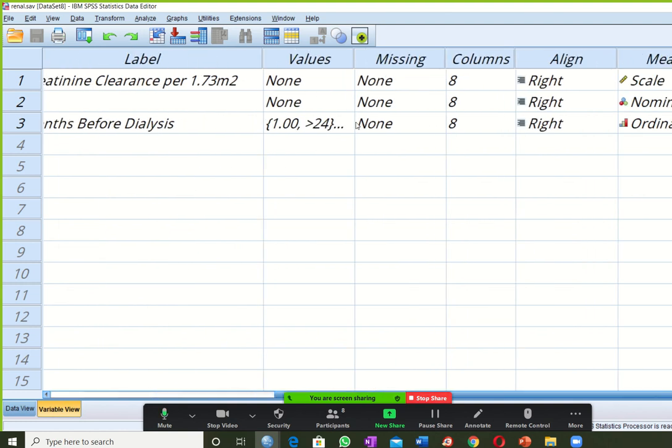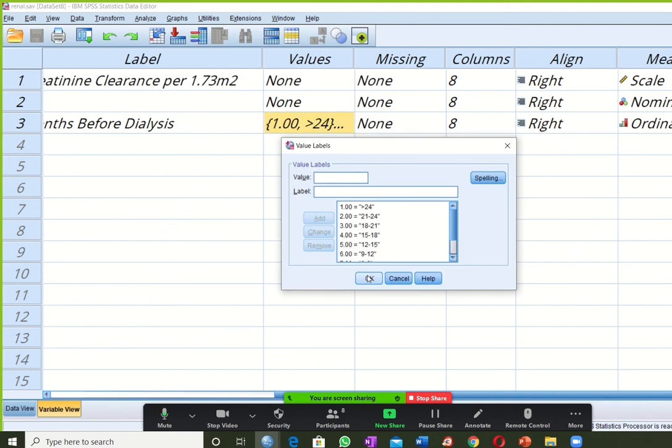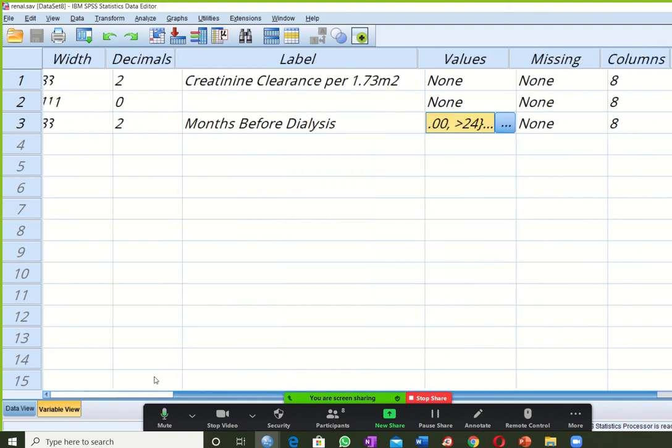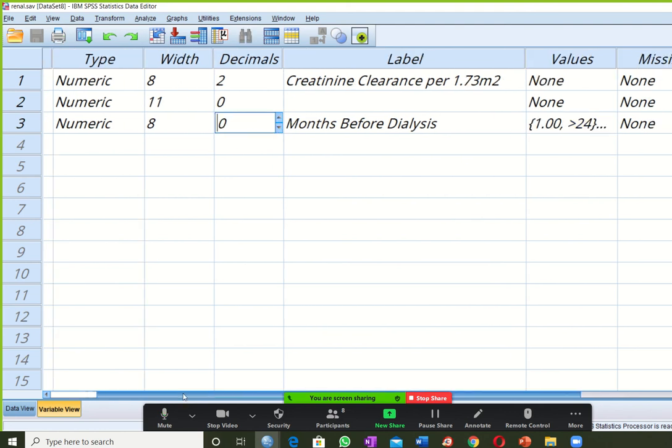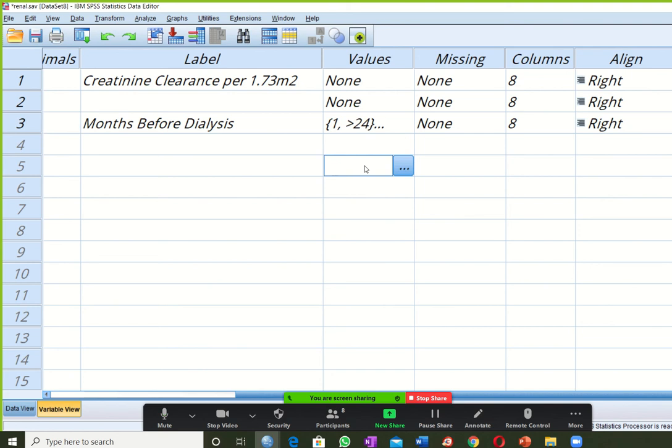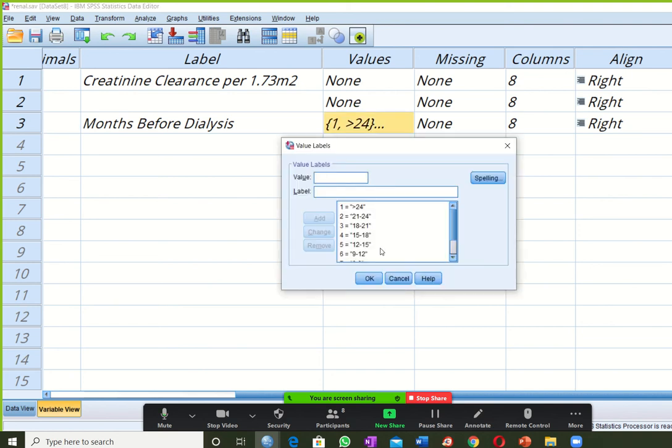Now look here, the groups. There are different grouping systems here. By the way, we don't need these decimal points .00, so it's not good defining like that. It's enough if we have group 1, 2, 3, like this is better. There's no meaning of .00. So here this is bigger than 24, and this one is 21 to 24.